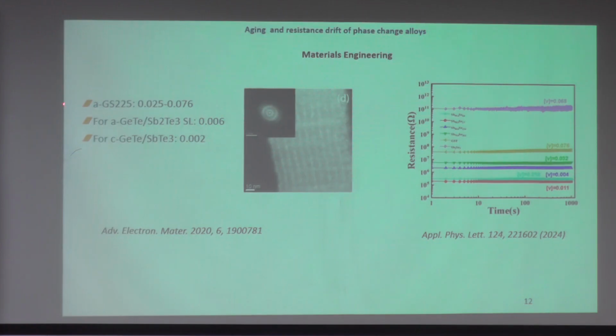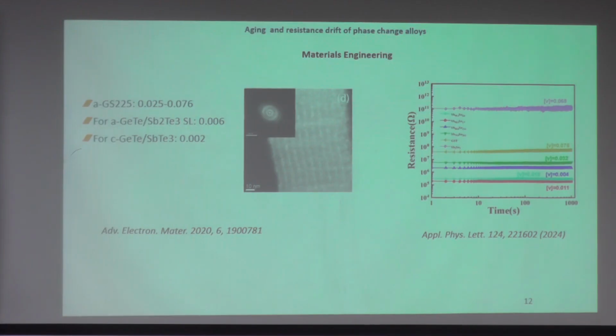This is the resistance drift of amorphous GST, this is the new value. It can depend on the sputtering technique and the materials itself, but it is at a value of 0.025, 0.026. It was measured as 0.025 in this work.